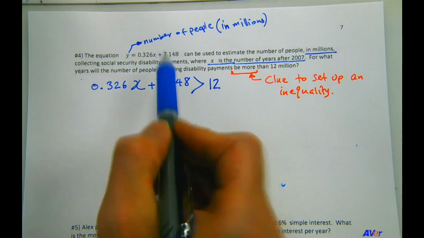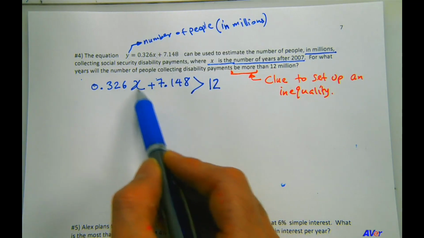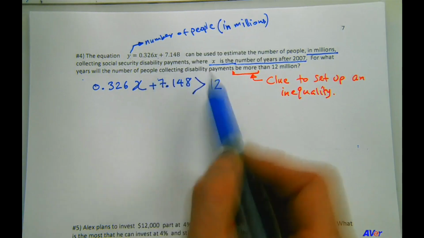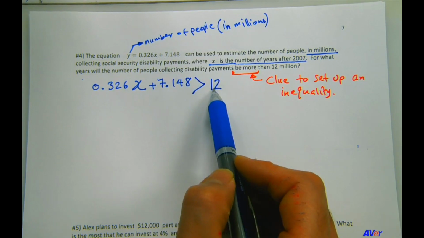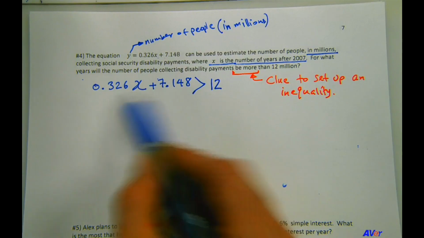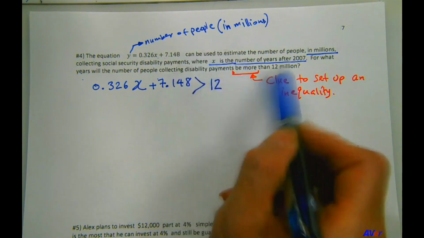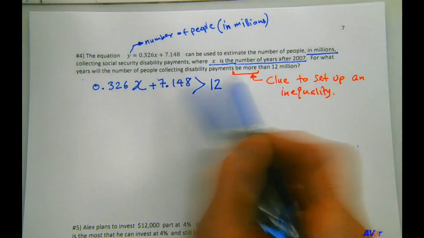We're looking for what x would have to be for the number of people collecting disability payments to be more than 12 million. Not equal to 12 million, but more than 12 million. So we set up the inequality like this. This inequality is the interpretation of this problem statement or context. And now we solve for x.